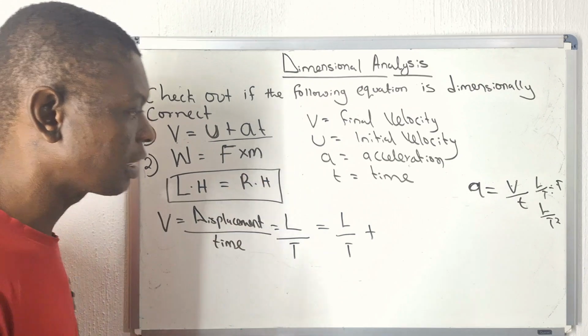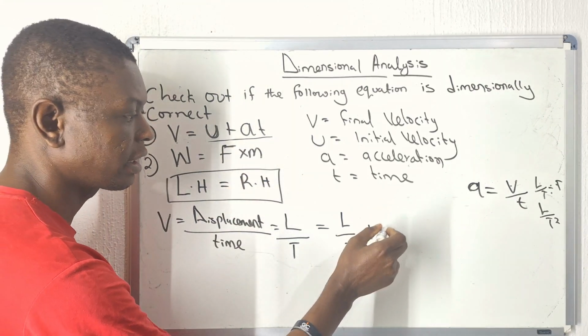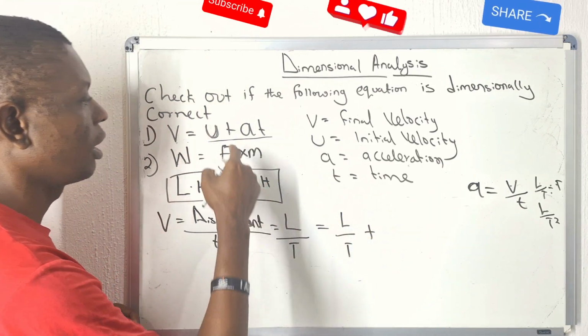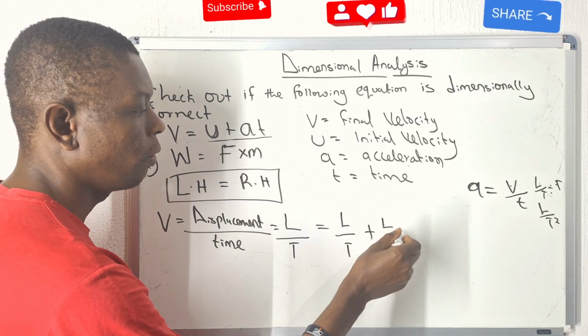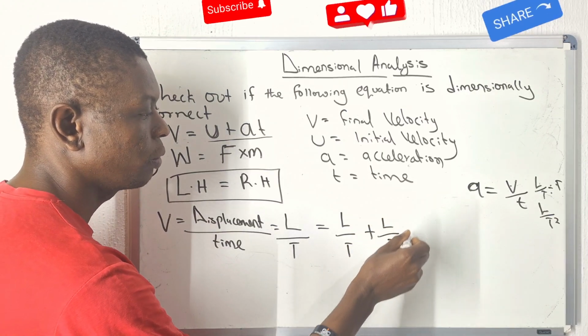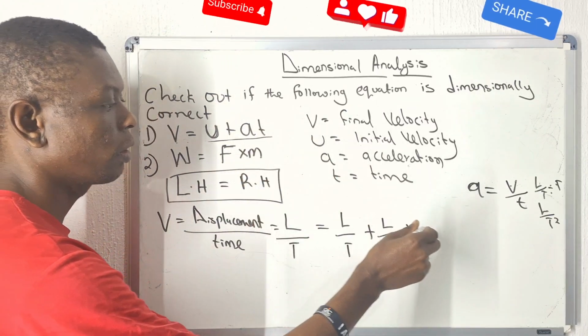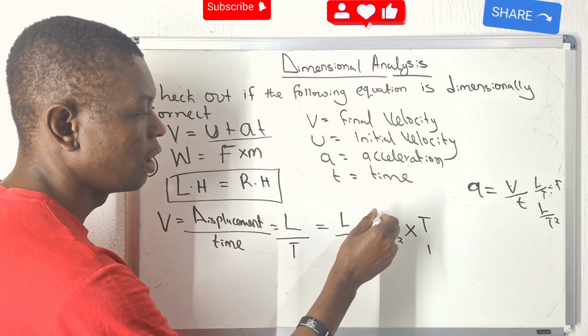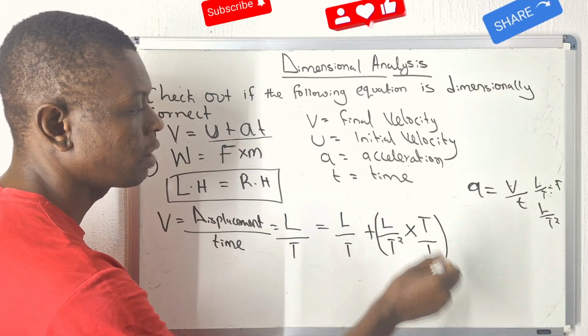I did a lot of videos on this in the previous class, so you can watch it there. So this will become plus L over T squared times time, which is capital letter T over 1. From basic maths, we solve this first.